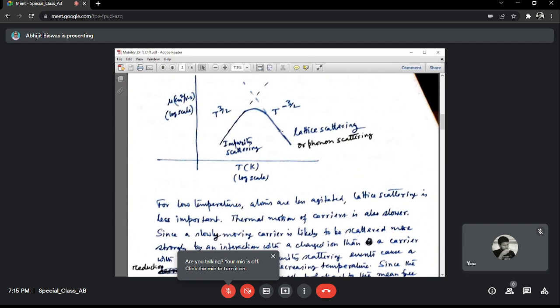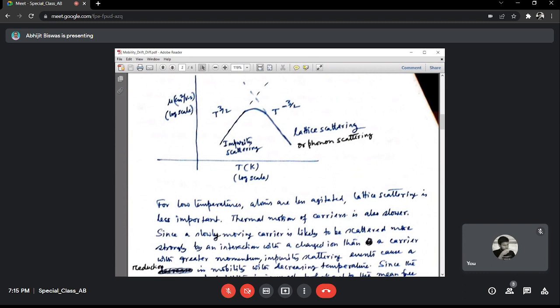But at a higher temperature, there is another important scattering mechanism that is called lattice scattering or phonon scattering. At a higher temperature, there will be vigorous vibrations of the crystal lattice, and it will encounter the free charge carriers, and therefore the mobility will again be degraded.